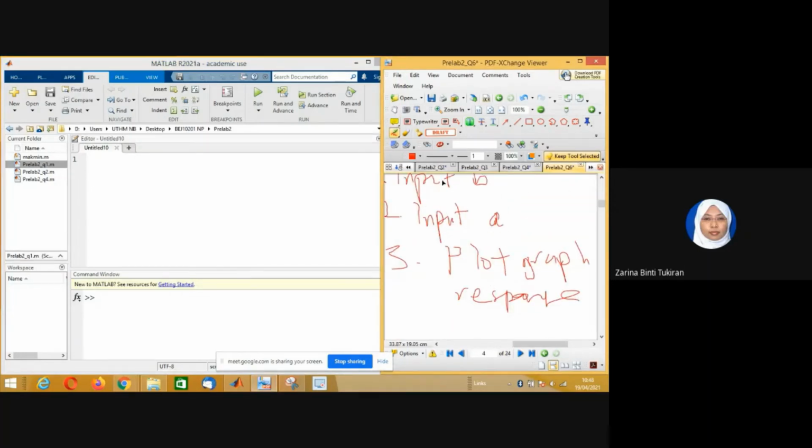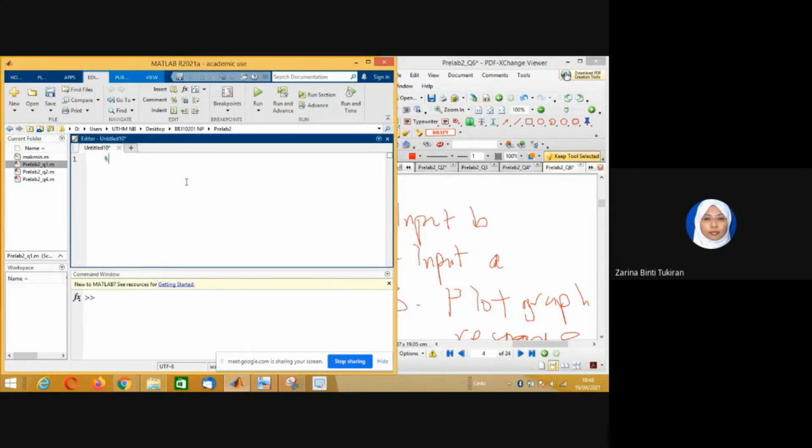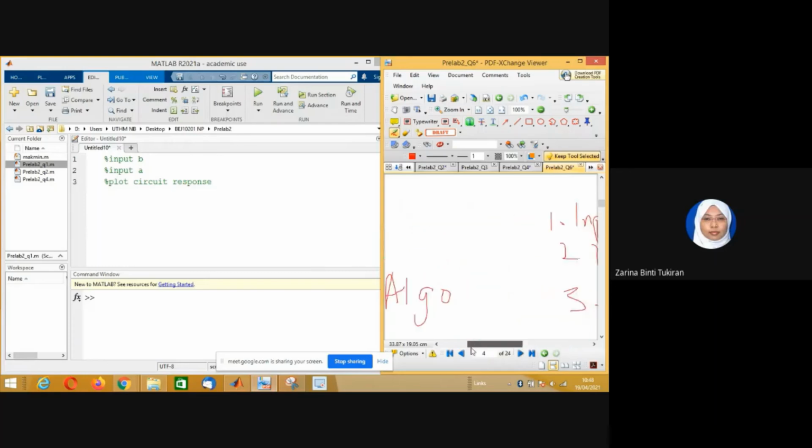Here you state that the first step is to provide the input of B, then you need to provide the input of A and do the plotting of the response. So you can use code for this.